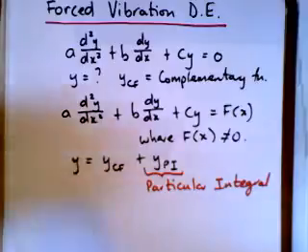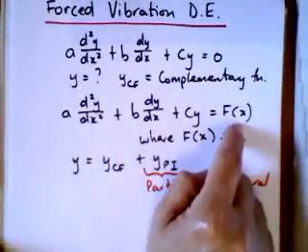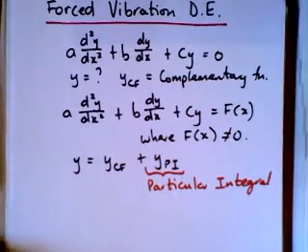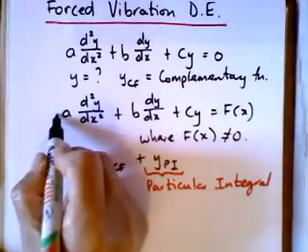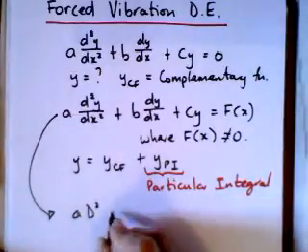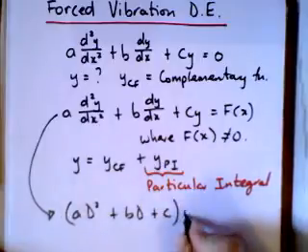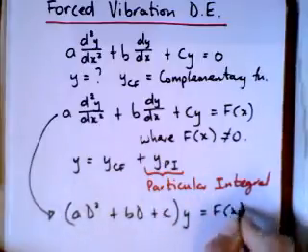Okay, now I'm going to convert the differential equation into the operator form just because it's easier to work with. So from this equation up here, I'm going to write this as (aD² + bD + c)y equals f of x.